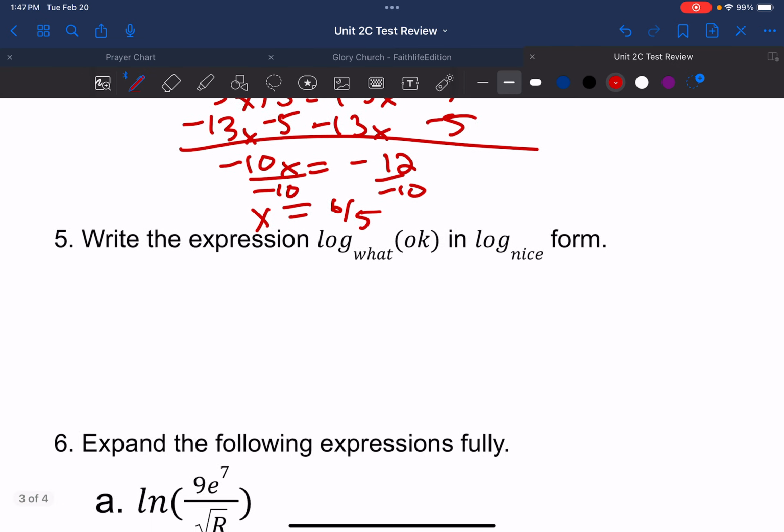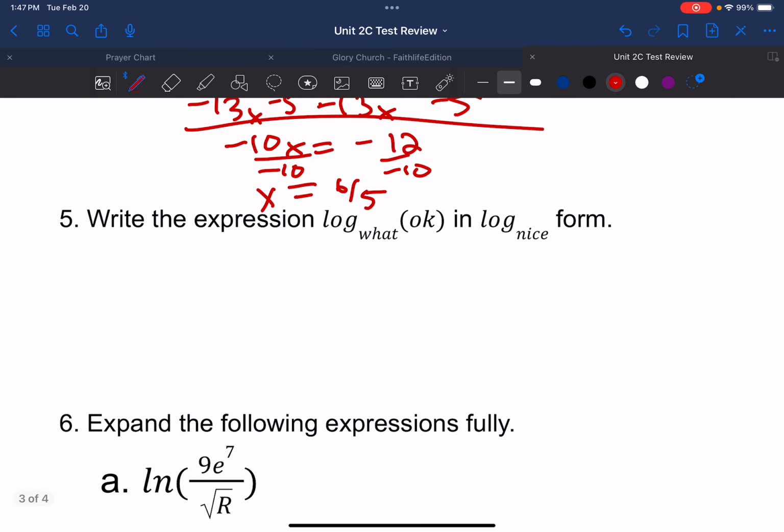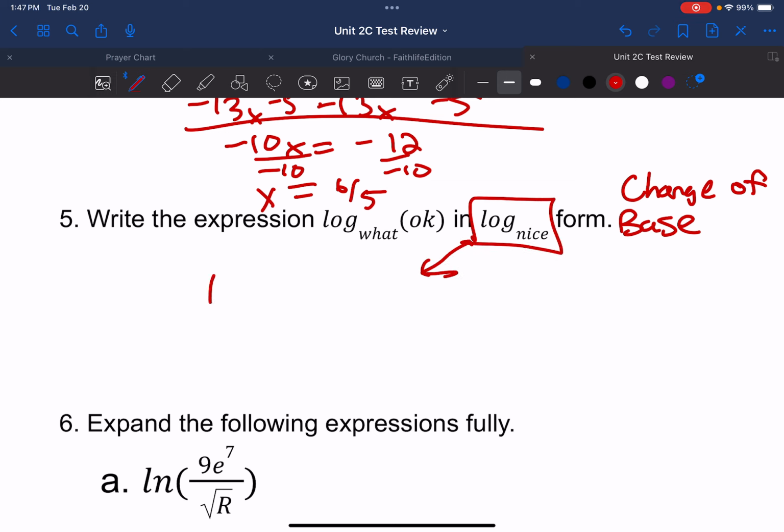On 5, I've got to write the expression in log base nice form. This is the change of base. So remember, for change of base, whatever form you're rewriting it in, it's always going to go on top and bottom. So log base nice over log base nice.